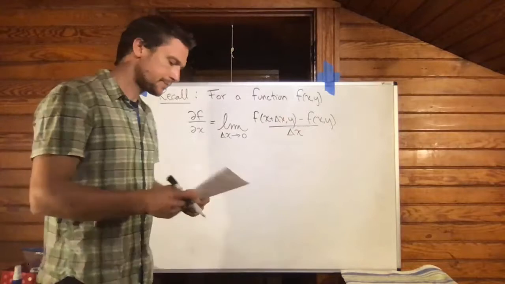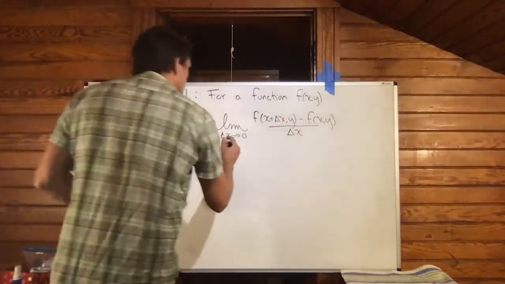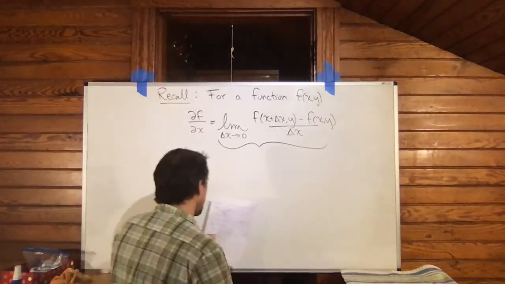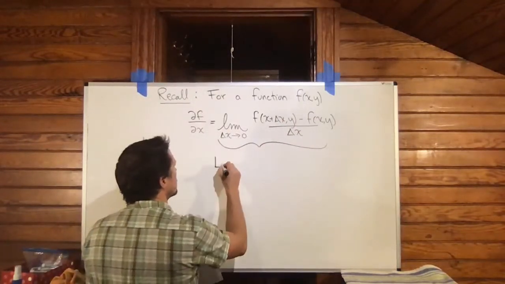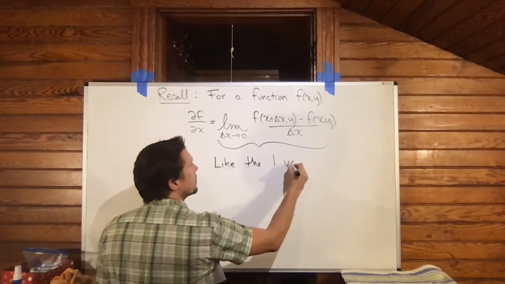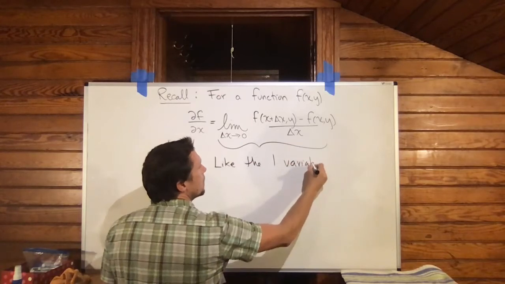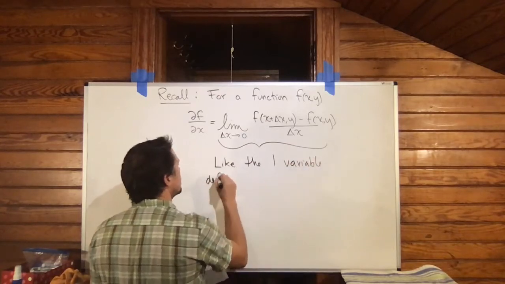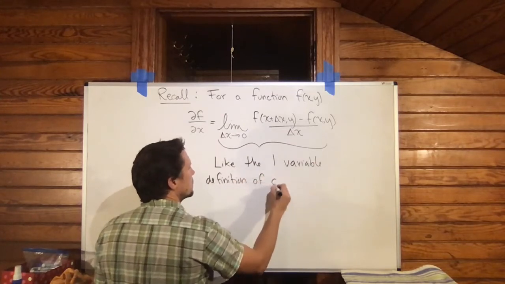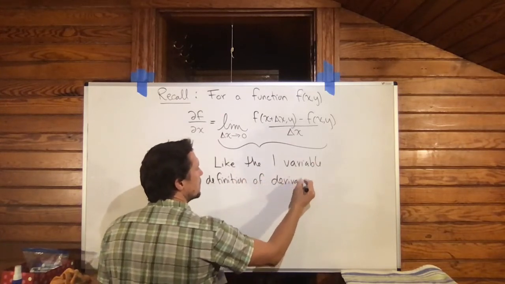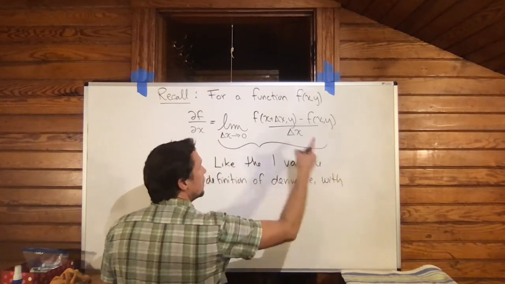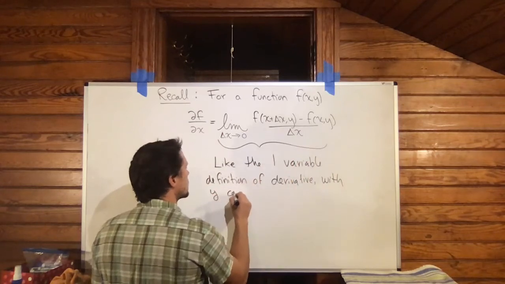All right? So let me write that down. So this looks like the one variable definition of derivative with y constant.